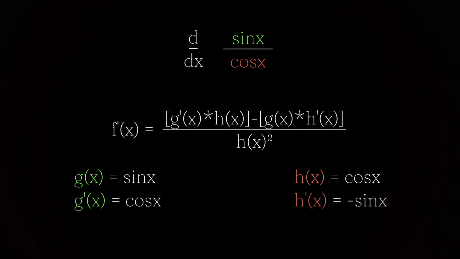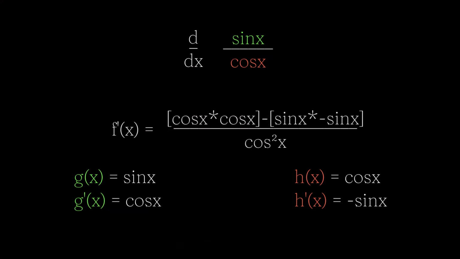We're going to list things down. G of x equals sine x. H of x equals cosine x. The derivative of sine x is cosine x, and the derivative of cosine x is negative sine x. Let us plug in the values.